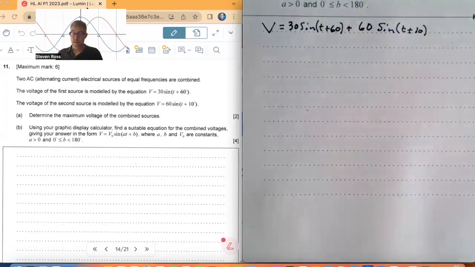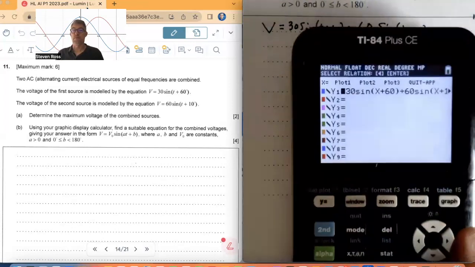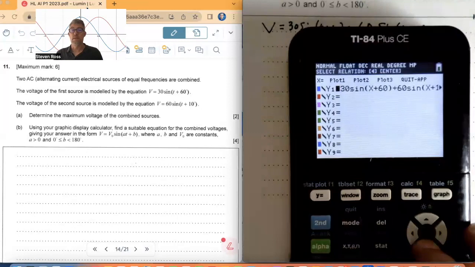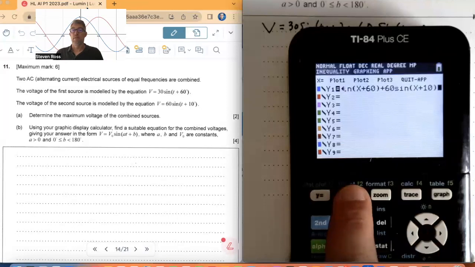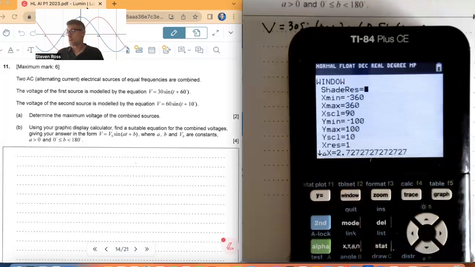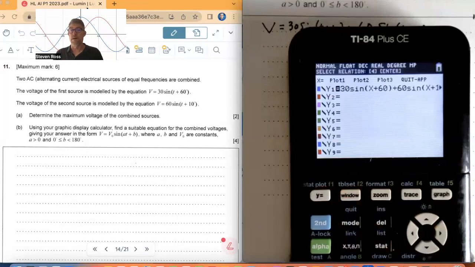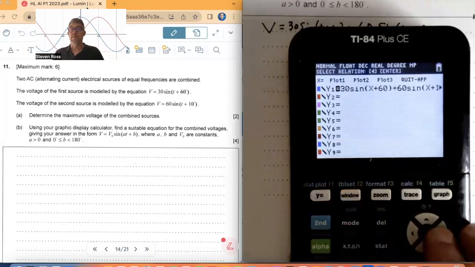So we'll go to the graphing calculator, and I think we'll go ahead and just plug those in. I've already done so. And I think an appropriate window, if you think about the largest that a sine can be, like sine of 90 degrees, for instance, is equal to 1, then the very maximum, since we're looking to determine the maximum voltage, should be no bigger than 30 plus 60 or 90.